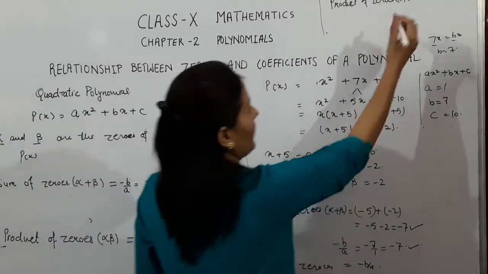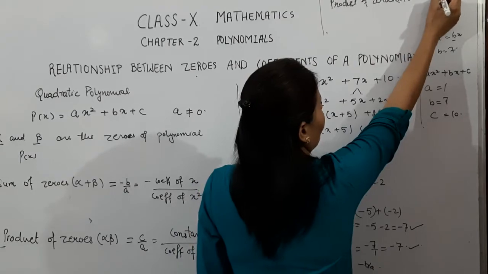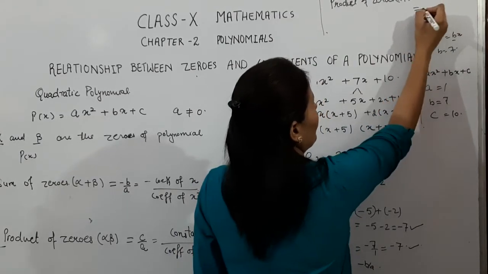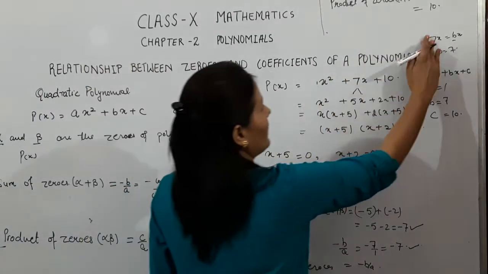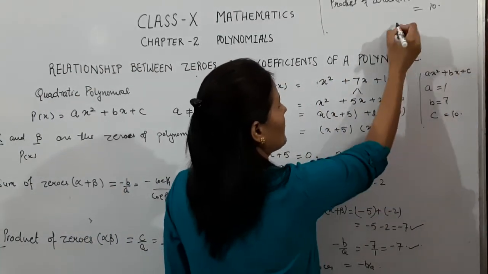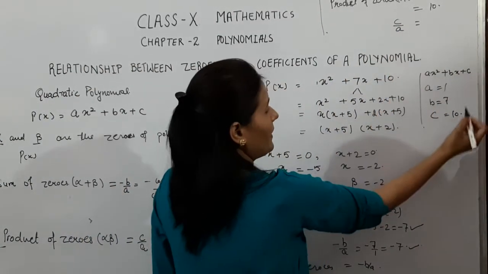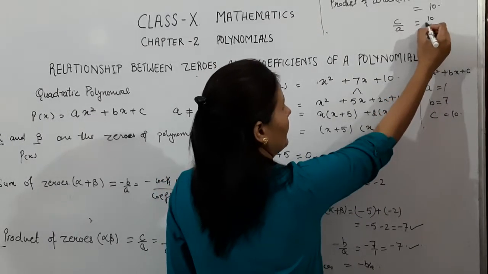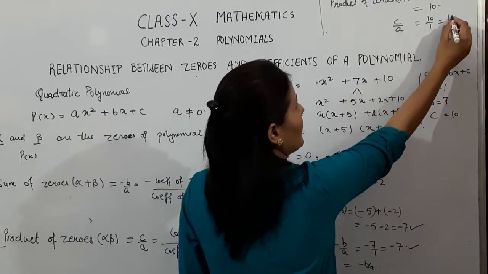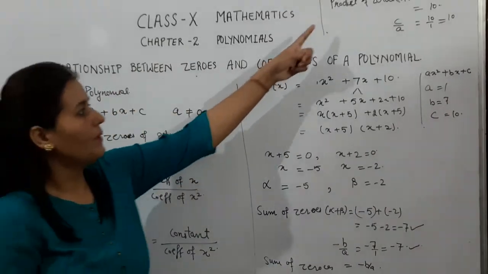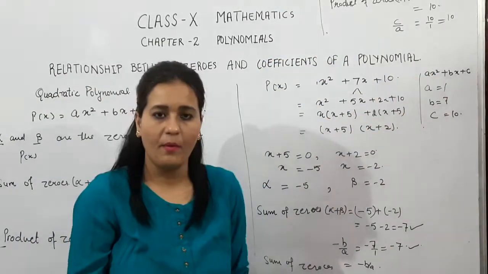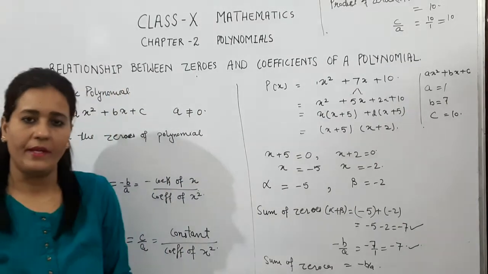These two multiply: -5 into -2 is equal to 10. And what is c upon a? c upon a is 10 upon 1. So both values are the same. So we can write the product of zeros is equal to c upon a, hence verified.